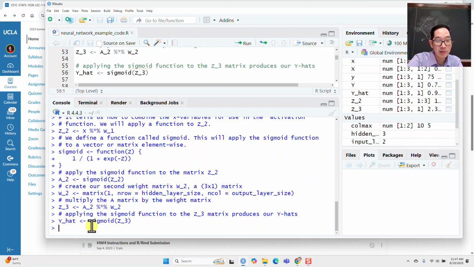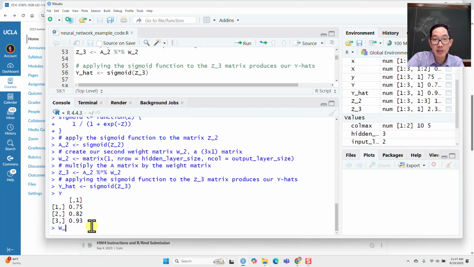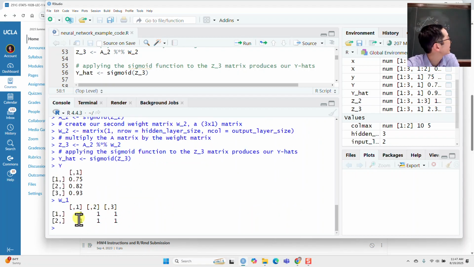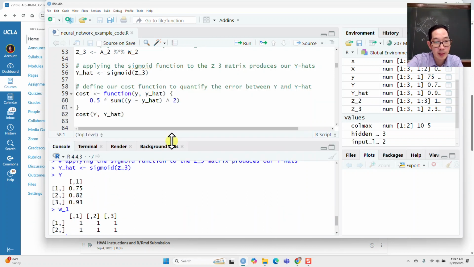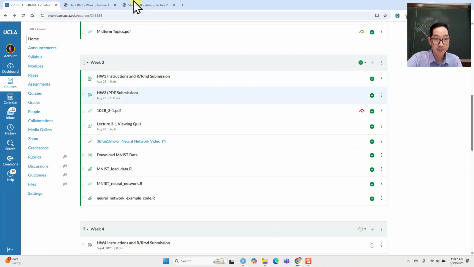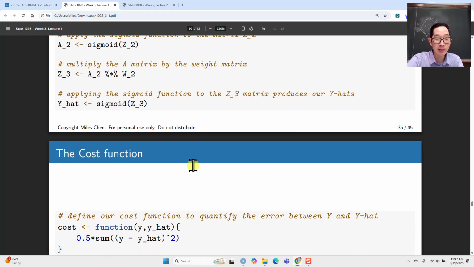So right now, my W1 matrix is all ones, and these are the actual values of Y, and right now my predictions of Y hat are no good. Okay, I've got 0.9135, 0.88, and 0.917, and ideally we want 0.75, 0.82, and 0.93. So these are not good estimates right now. Okay, but we will do gradient descent to try to figure out some good values of W1 and W2.